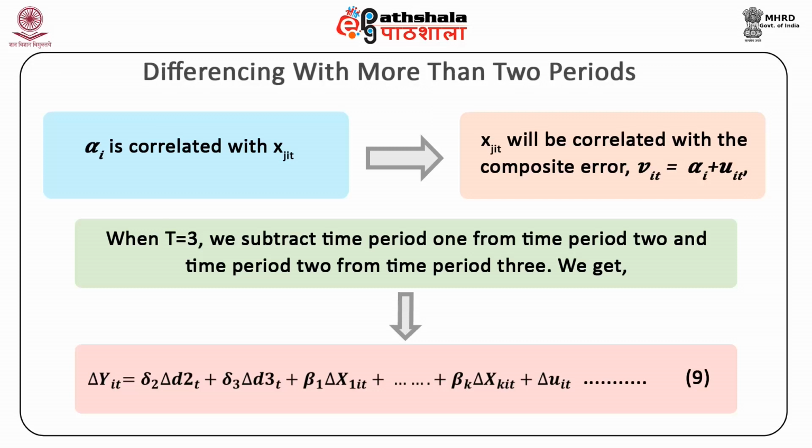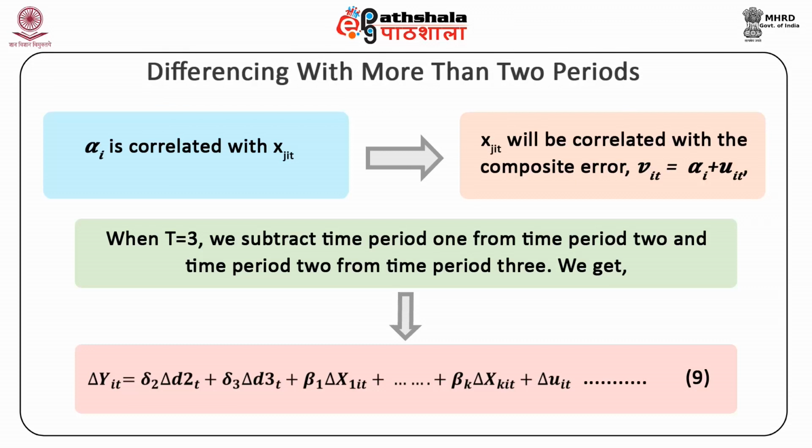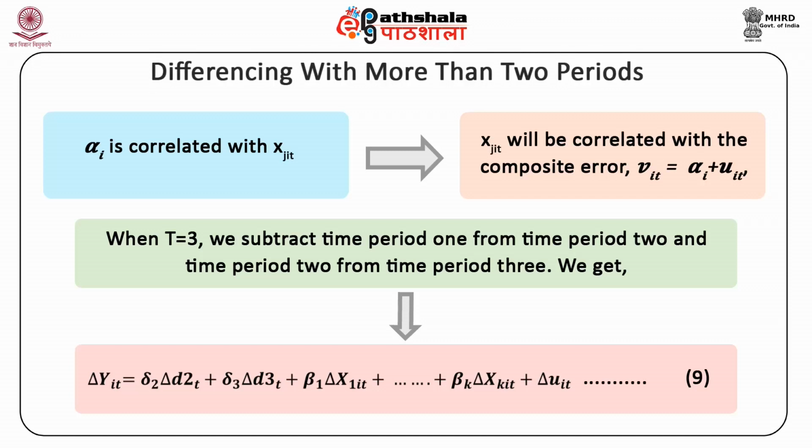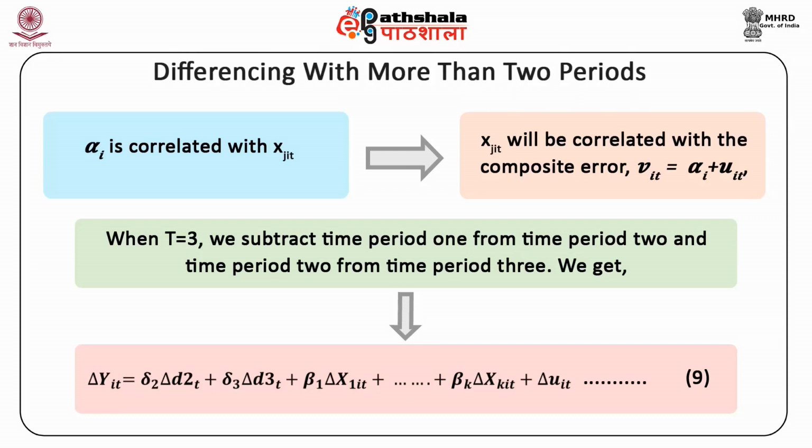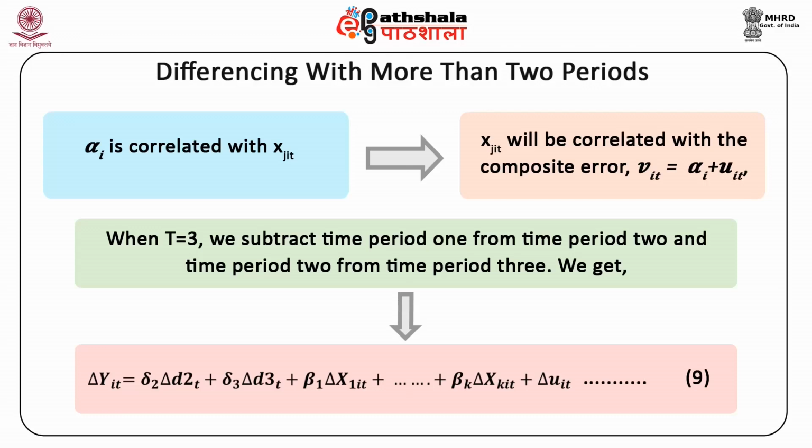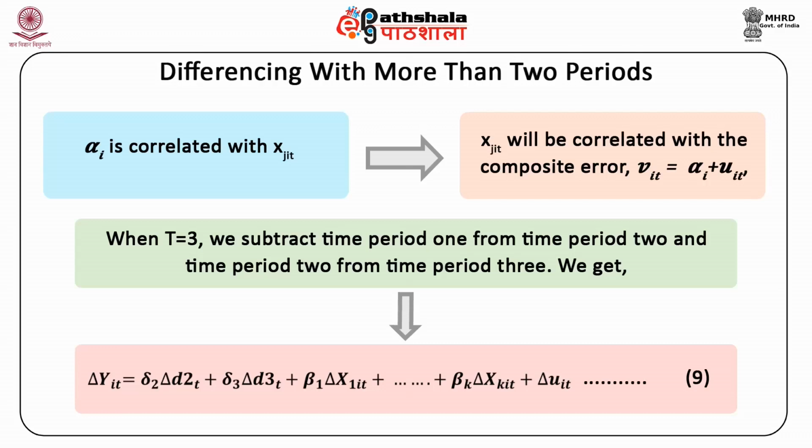Equation 9 represents two time periods for each individual in the sample. If this equation satisfies the classical linear regression model assumptions, then pooled OLS will give unbiased estimators, and the usual t and F statistics are valid for hypothesis testing. Note that this equation 9 does not contain an intercept, which is inconvenient for computation of R squared.